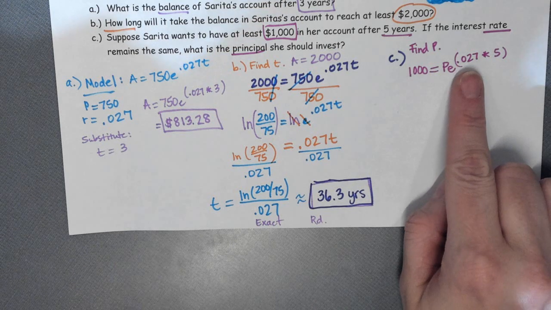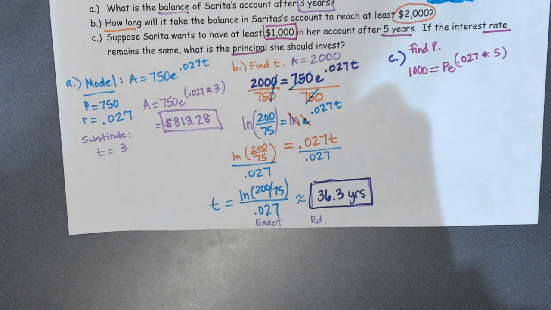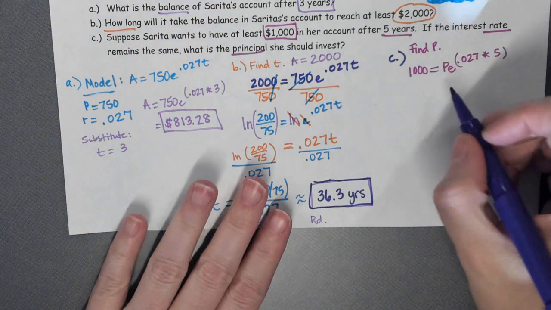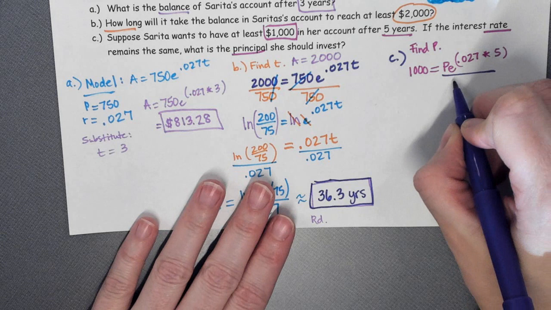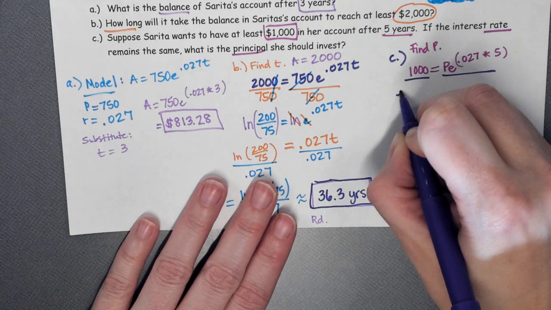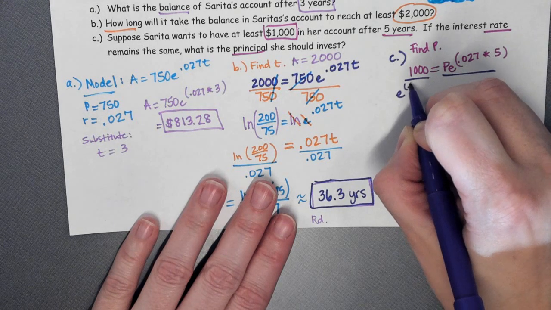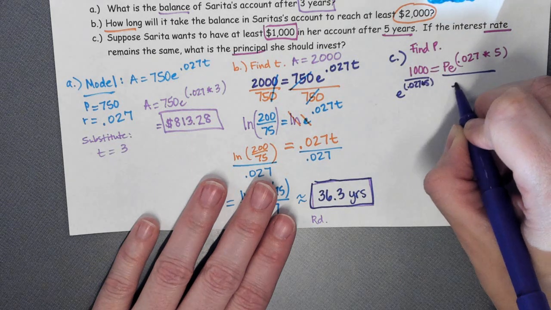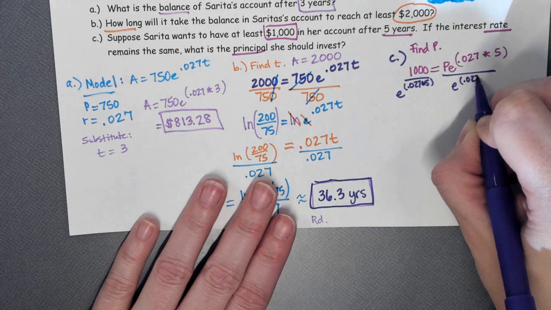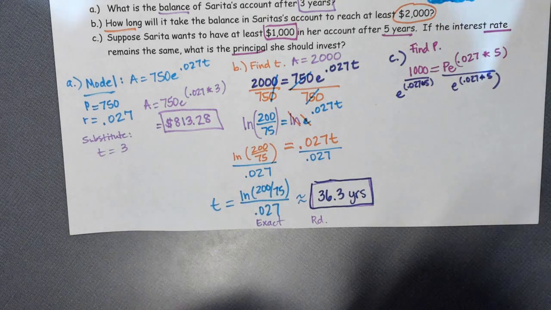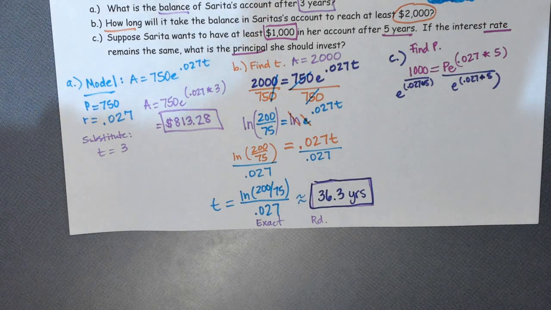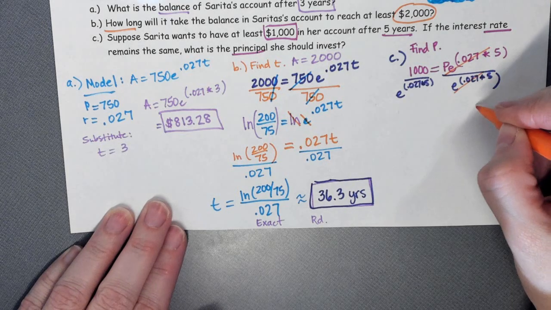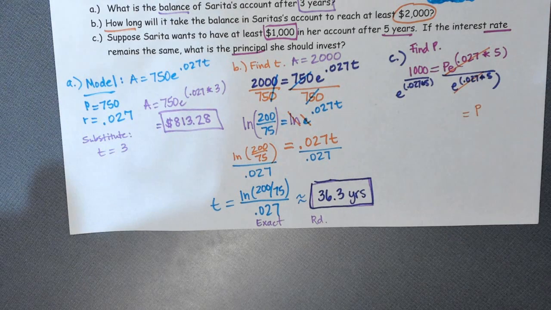You can keep it just like that until you're ready to put it in your calculator. So all you're doing is dividing both sides by e to the power of 0.027 times 5, because we know that this will cancel out and you'll be left with P.